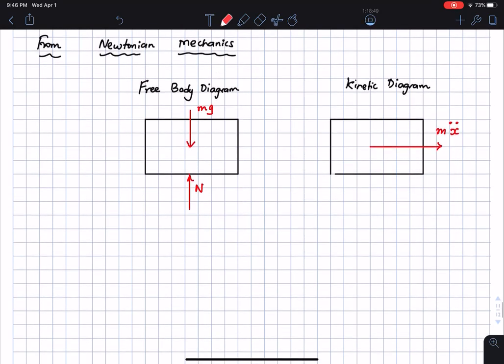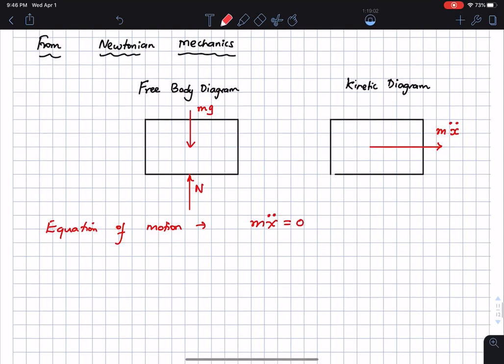All right, so the equation of motion is m x double dot is equal to 0, right? That's the equation of motion, and the constraint equation we get is N is equal to mg. So this is from Newtonian mechanics, Newton's second law.